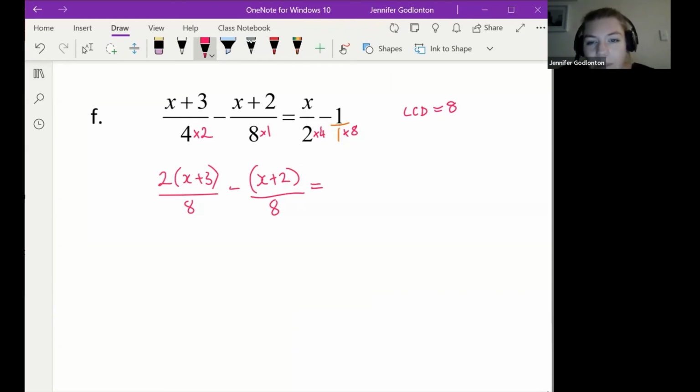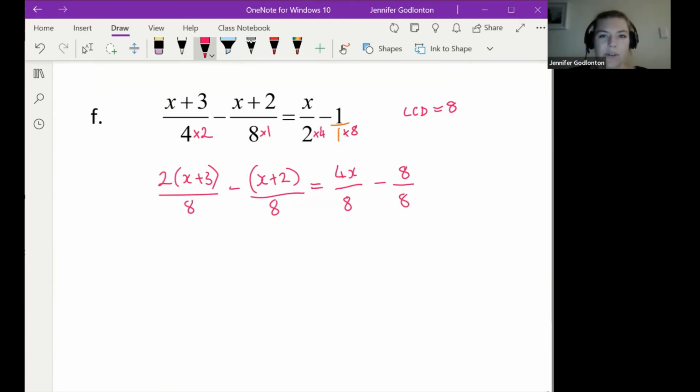And then, since to get the 2 to 8 you have to times by 4, it's gonna be 4x. Good. And then our last term. Ma'am, it's gonna be 8 over 8.